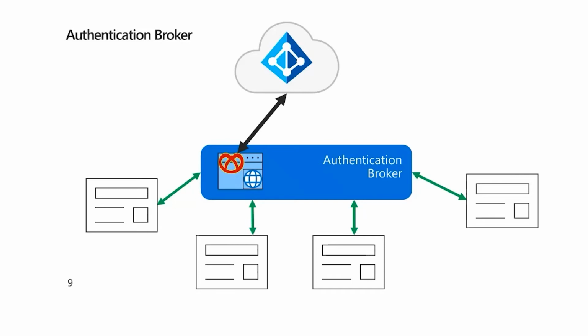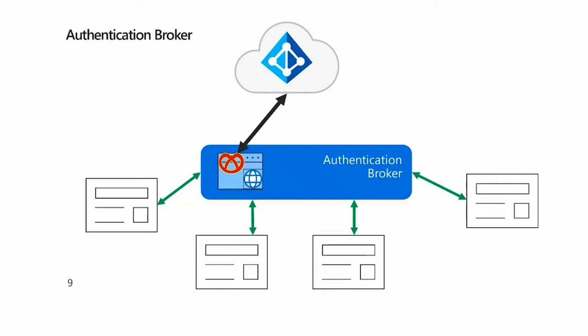They also have the additional benefit of other capabilities that the broker may be able to do with respect to sharing device state, MFA state, and so on across all of these sessions as well. So it is a very optimal model for sharing and sophistication with respect to driving these authentications.